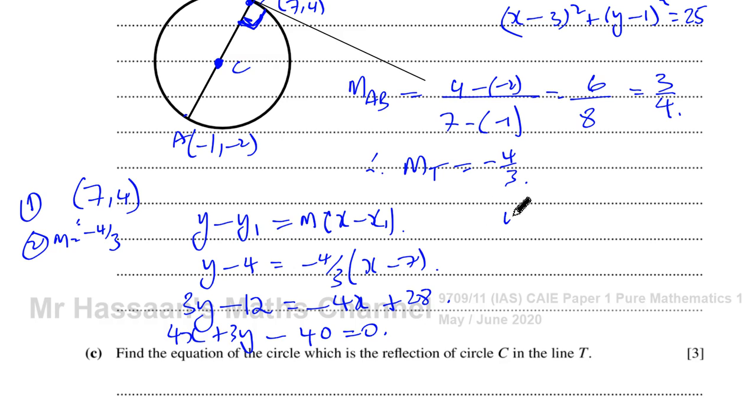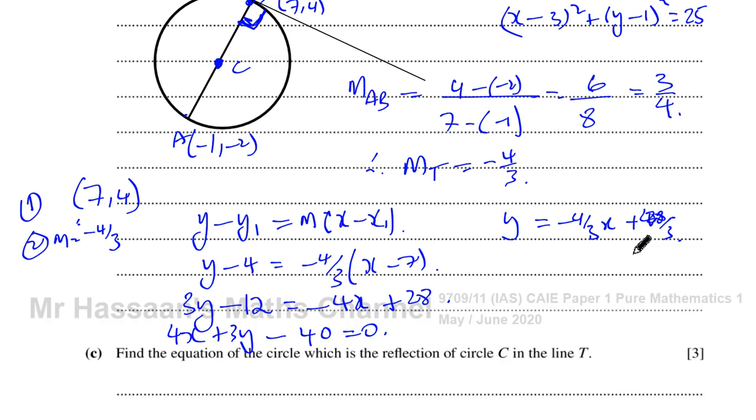We could have also put y is equal to minus 4 over 3 x, and then you're going to have plus 40 over 3, sorry, not 28 over 3, it's going to be plus 40 over 3.